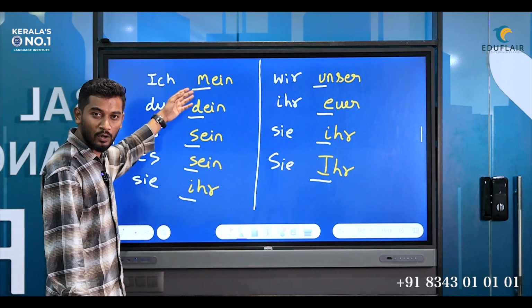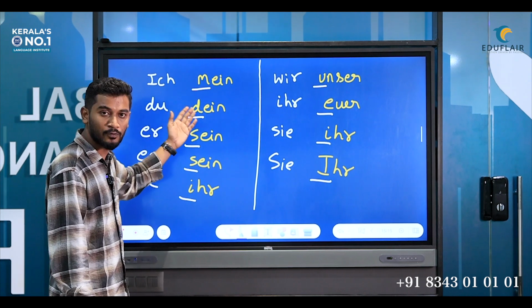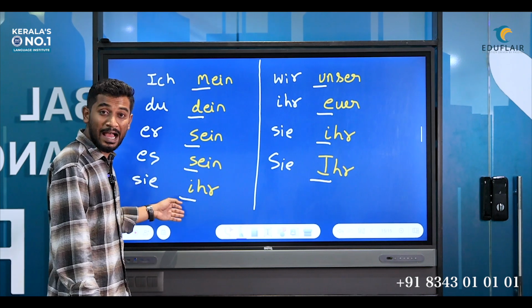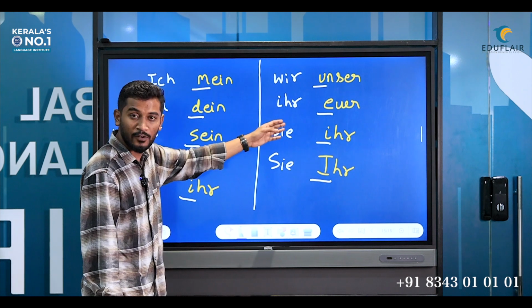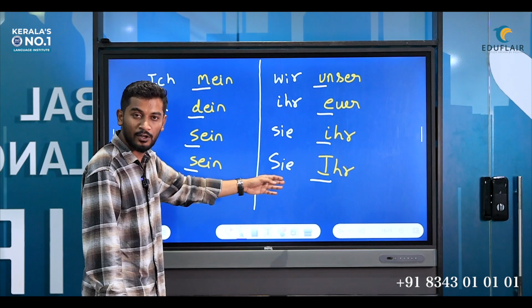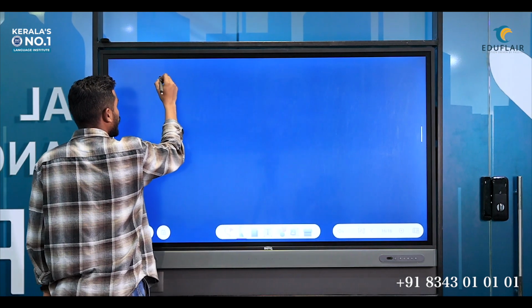Okay, so I've underlined already the initials, that is M for mein, D for dein, S for sein, S for sein, I for ihr, U for unser, E for euer, I for ihr and I for Ihr. So I'll just write down the initials quickly for you.